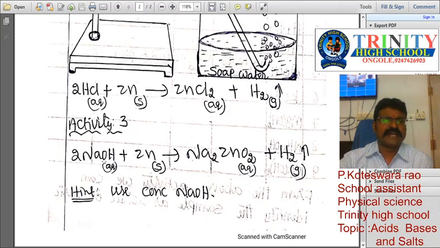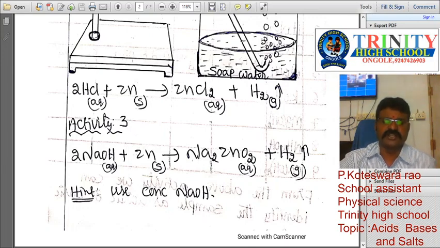NaOH aqueous. NaOH means base, sodium hydroxide. Not only sodium hydroxide, we may take different types of base. NaOH plus zinc granules gives Na2ZnO2. Na2ZnO2 means sodium zincate. It is the most important one, everybody should write it here.